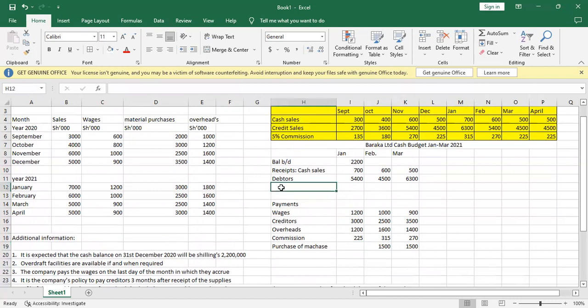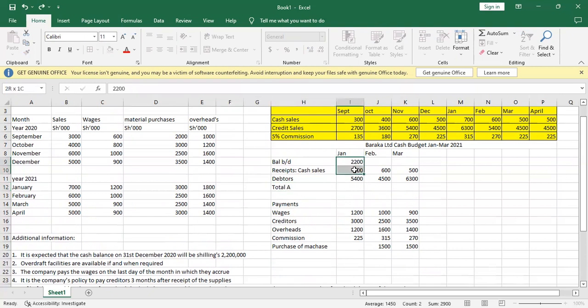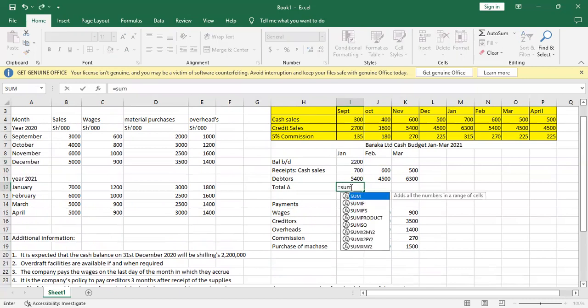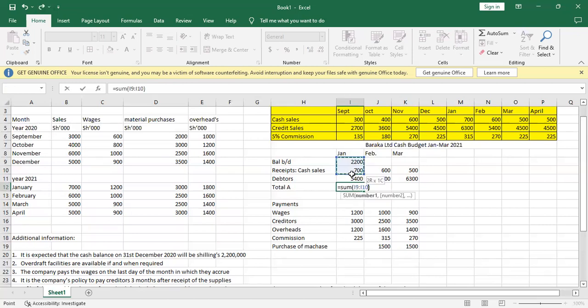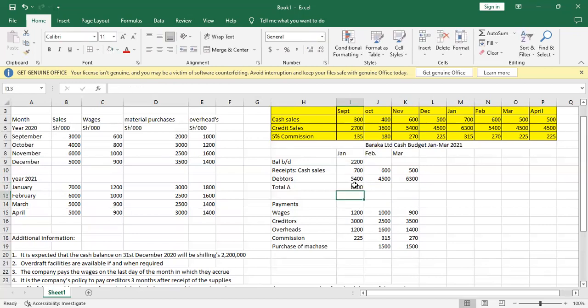So our total receipts, let me just call it total A, is this. So that gives me 83. Let me just put the formula. It's equal to the sum of this, so that I can copy the formula in the subsequent cells.